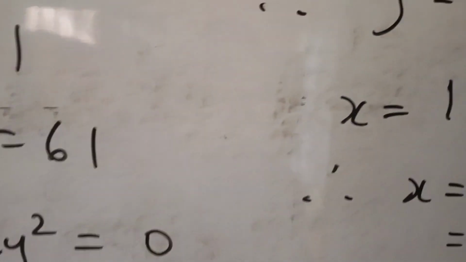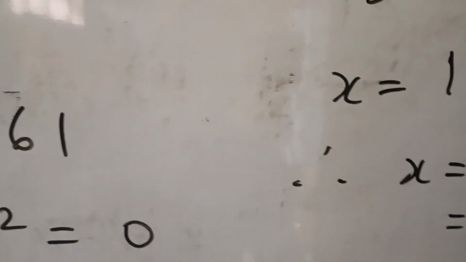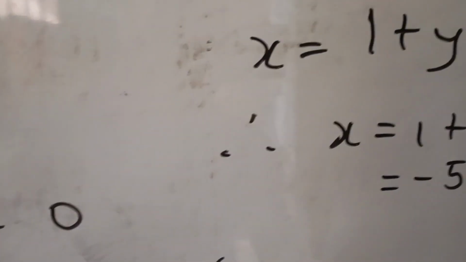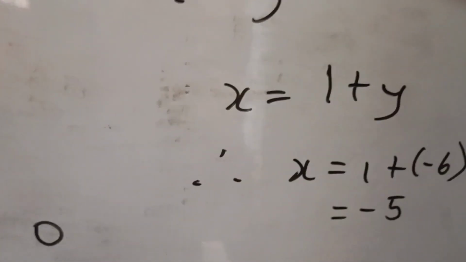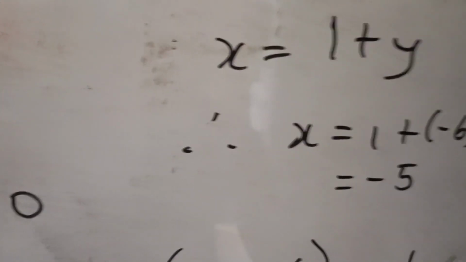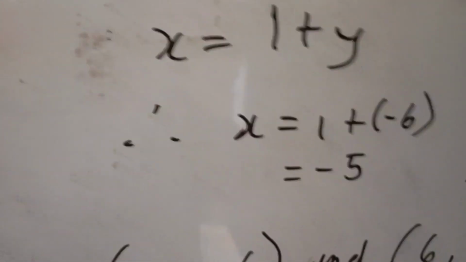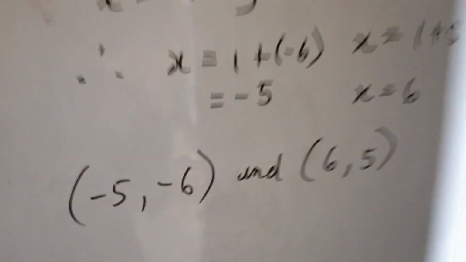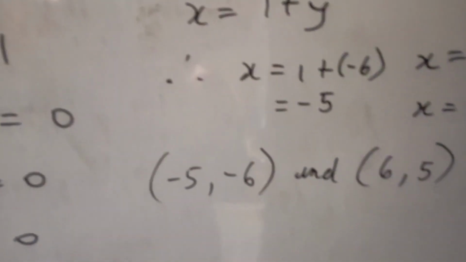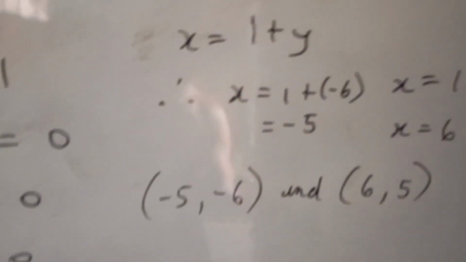All right, so the values that we have here would be, when x is negative 5, y is negative 6, and when x is 6, y is 5. So those are the two values of x and y.